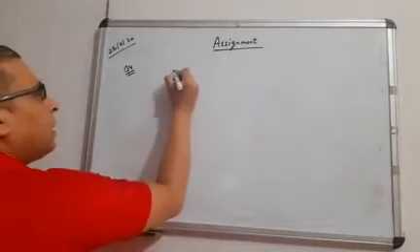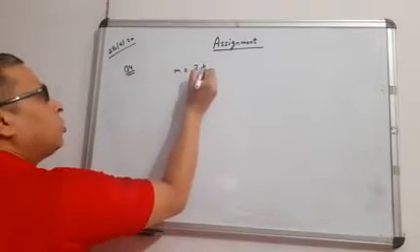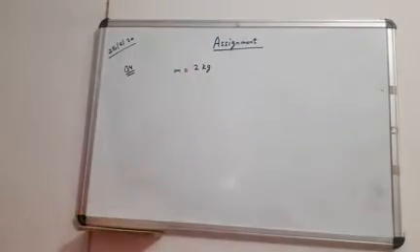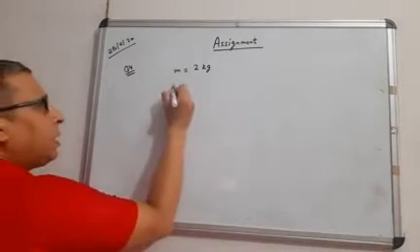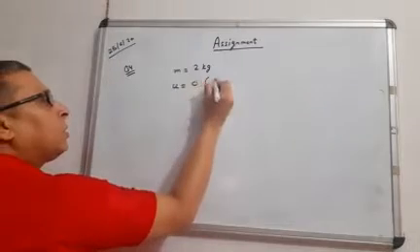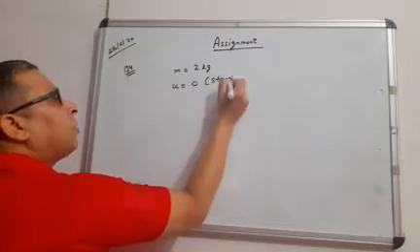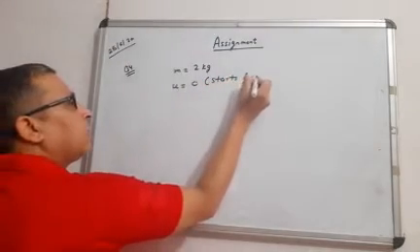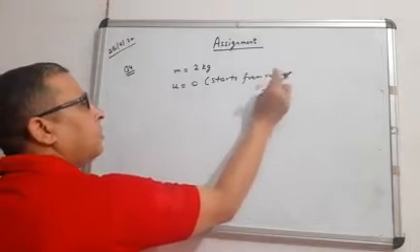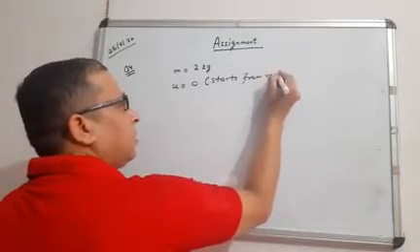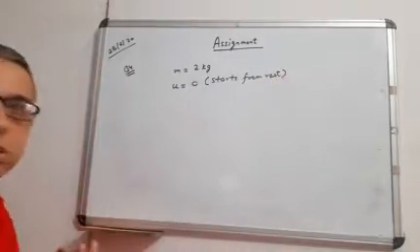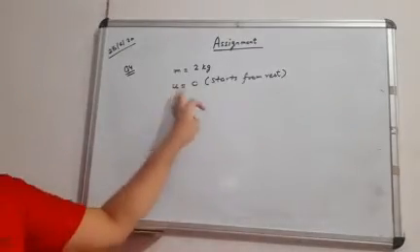What we have? A body of mass 2 kilogram. Mass of body is being given as 2 kilogram. Then u will be 0. Here it starts from rest. This is something which you all should not be confused of.